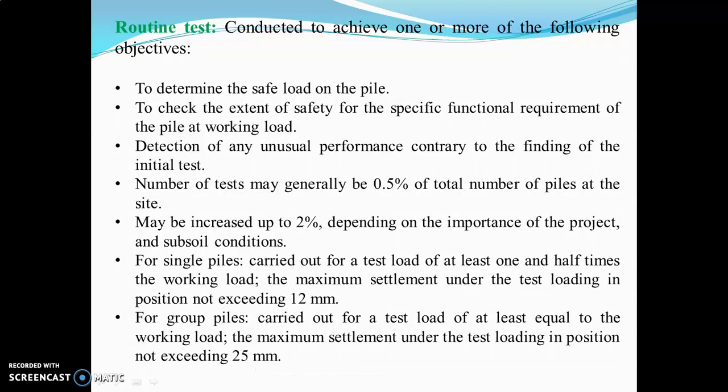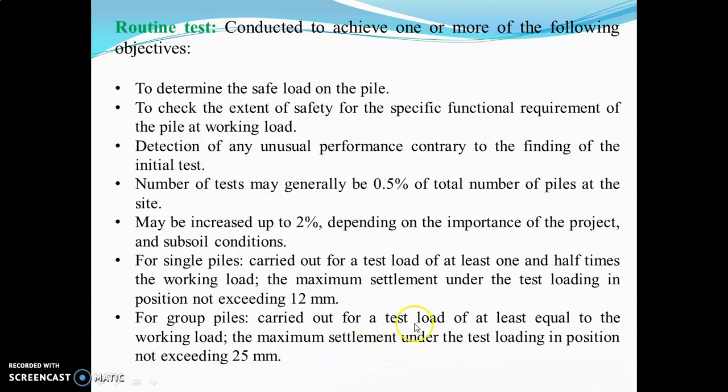For single piles, it is carried out for a test load of at least 1.5 times the working load, with the maximum settlement under the test loading not exceeding 12 mm. Similarly, for group piles, it is carried out for a test load at least equal to the working load, with the maximum settlement under the test loading not exceeding 25 mm. So this is about the routine test.